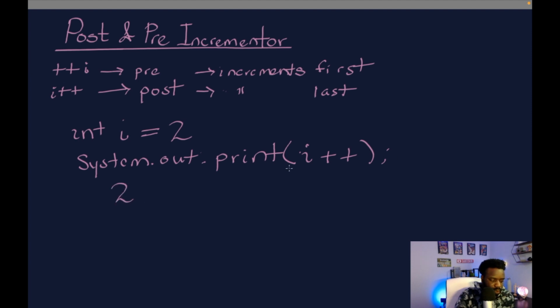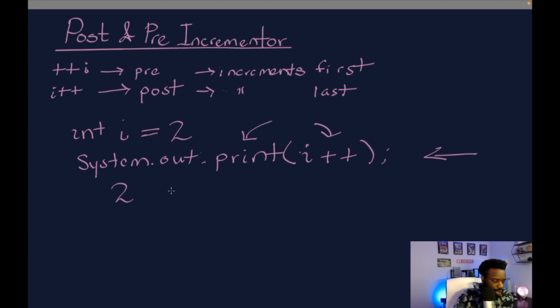It's going to be 2 because right here, this is what you're doing. You're evaluating this print statement first, right? That's what you're doing. And then you're doing this operator after, which is incrementing the i. So you're telling the program to print this out. It's going to print out i because you have the post-incrementer specified on it.